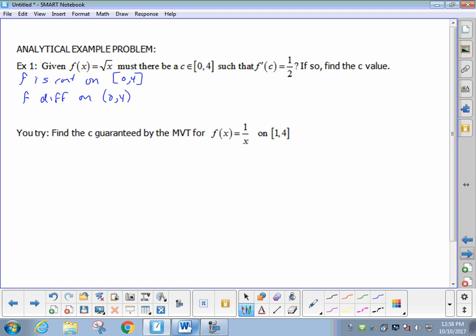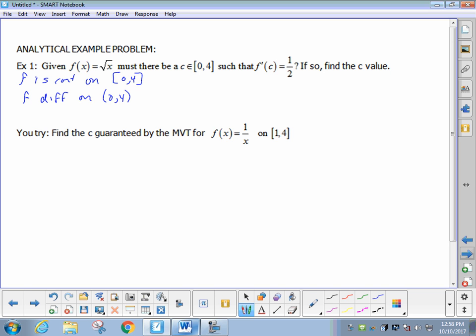Now you're just saying yes because I know you didn't take the time to think about it. What's the derivative? 1 over 2 root x. Does that derivative exist on 0 to 4? It exists on the open interval 0 to 4, because does it exist at 0? It does not.